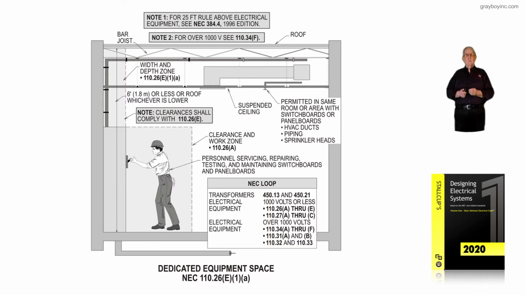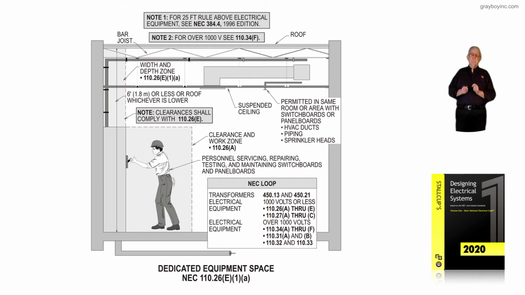You had room to do that. And then notice sprinkler systems are allowed in that room, air conditioning duct also, if it was just for that room. But you couldn't bring, say, a water pipe above that equipment. You couldn't bring anything that would be foreign to the room in that equipment.